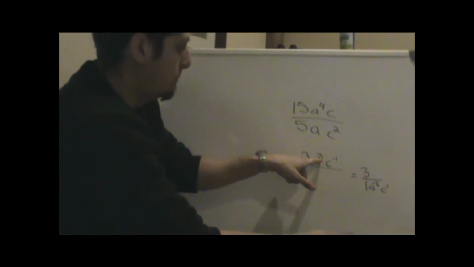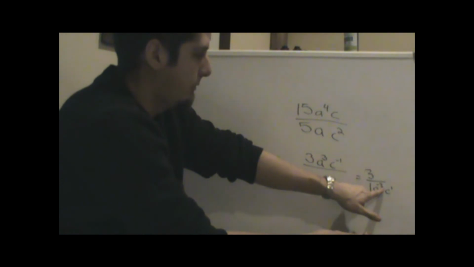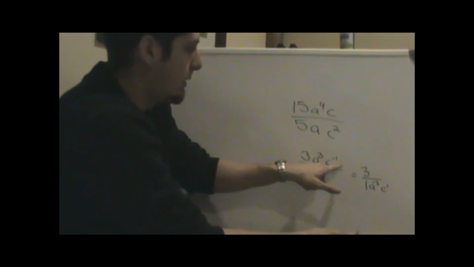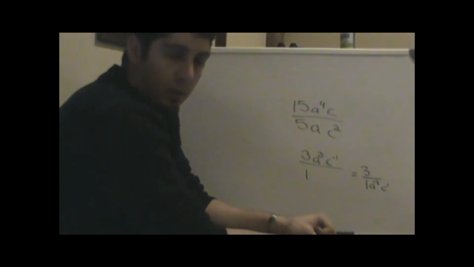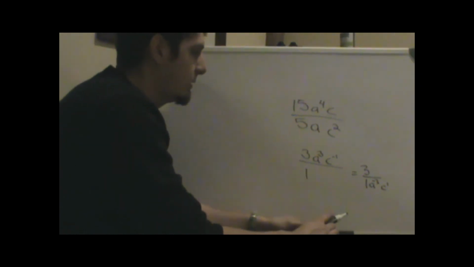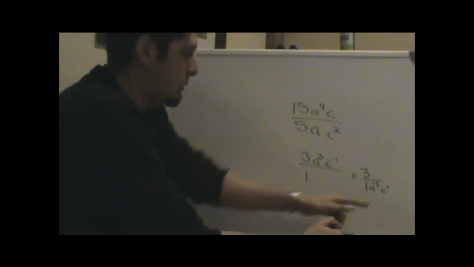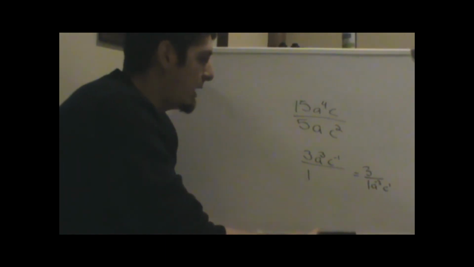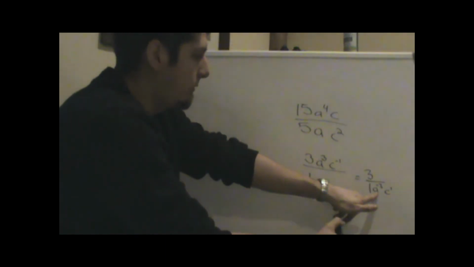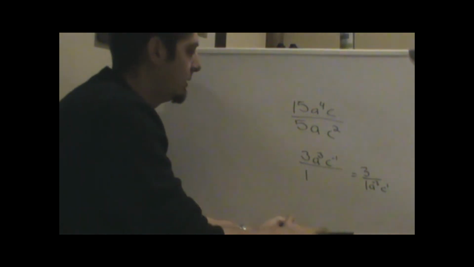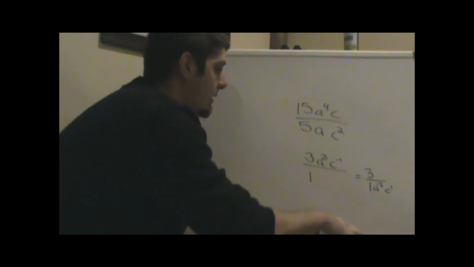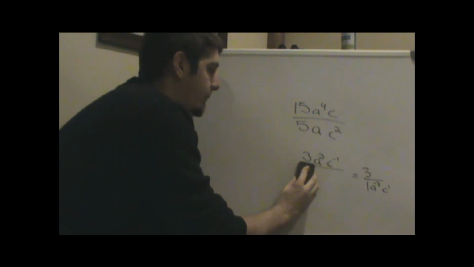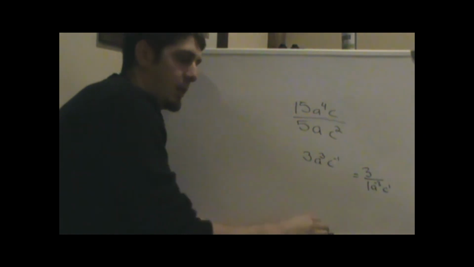So you go from having a positive 3 to a negative 3, or a negative 1 to a positive 1. Now the reasoning for doing this is, for instance, if this was my original answer, a lot of times mathematicians like to move these variables to the top, because if I have all of this over 1, I don't need to write the over 1, and it simplifies your answer.